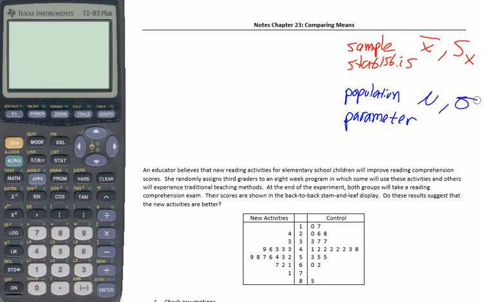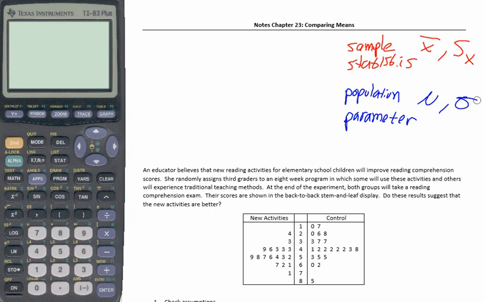This population parameter we denote by mu and sigma. Both X bar and mu mean average, and S sub X and sigma both mean standard deviation. The difference is the notation: one is for a sample statistic and one is for a population parameter.